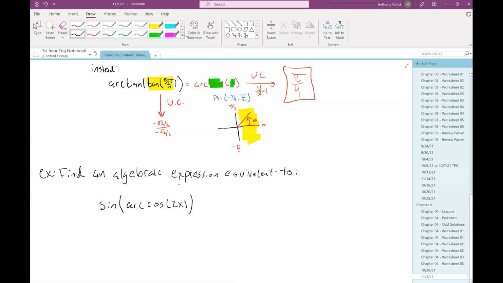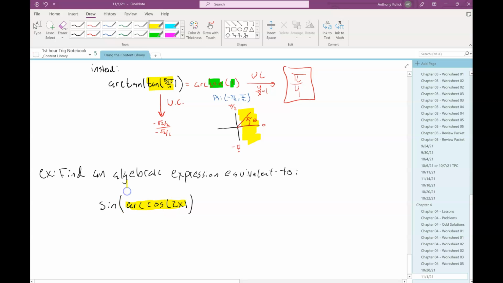So let's say here we have this example. It says find an algebraic expression equivalent to sine of arc cosine of 2x. So the trick on this kind of a problem is, again, to work from the inside out.